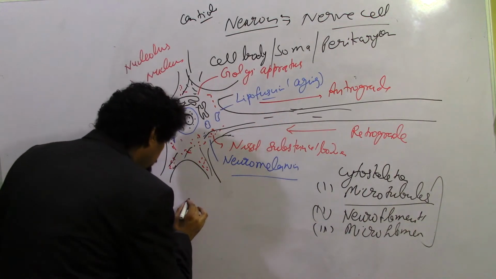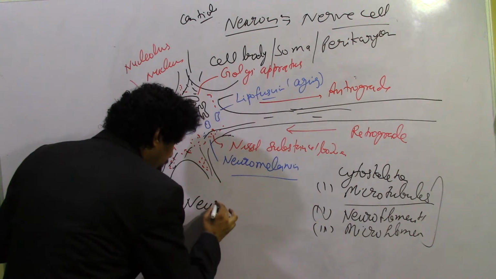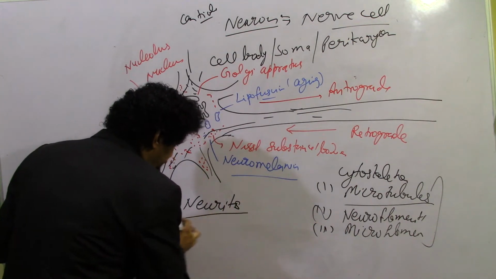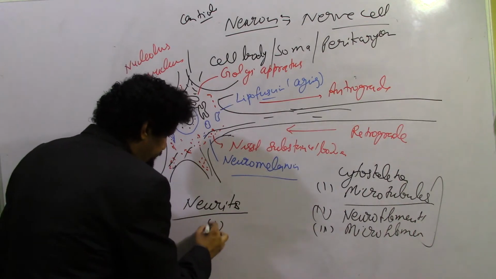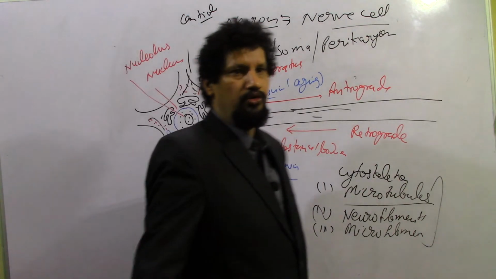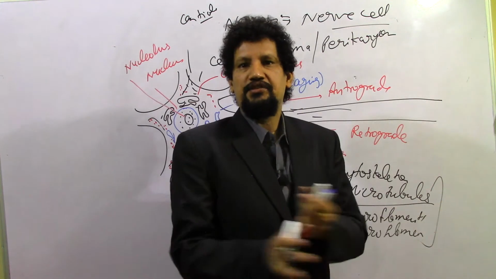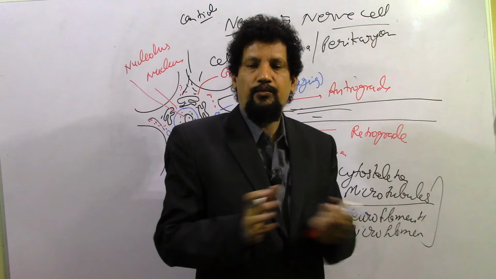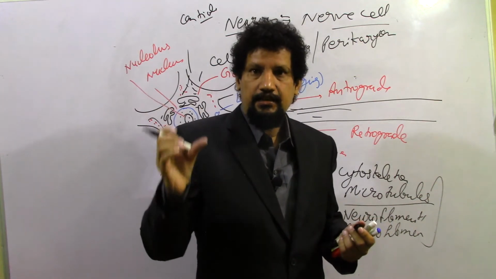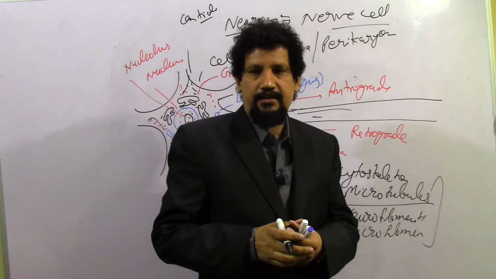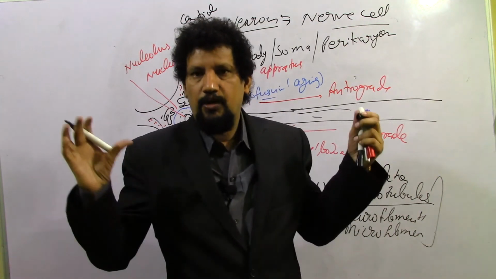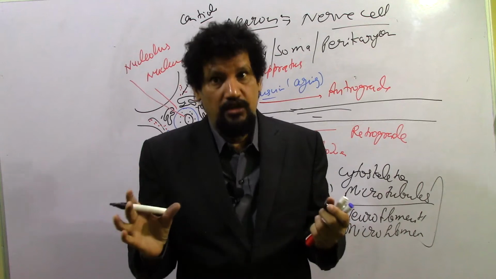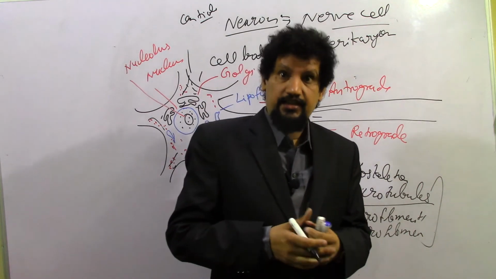Neurites are of two types. There are multiple small branching, rebranching processes, and diameter decreases with branching. These processes form a tree-like appearance, also known as arbor or arborization.